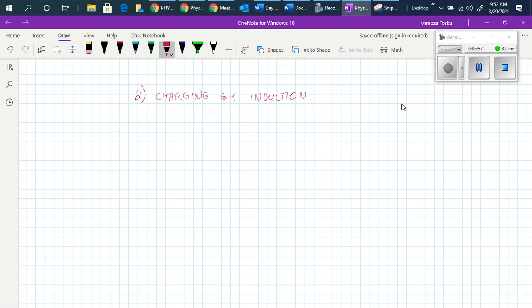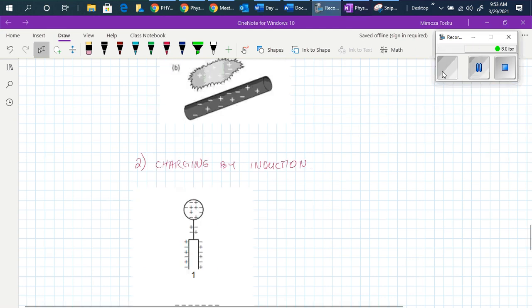A very common or typical explanation of induction is the electroscope. I will bring some pictures here and then explain them better with you. Okay, so this is a picture of an electroscope.